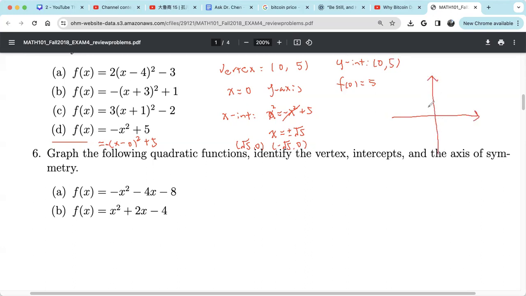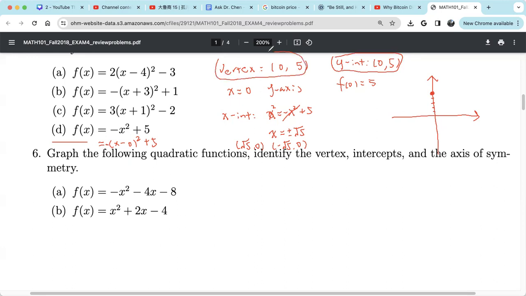So 0, comma 5, let's see, this is 1, 2, 3, 4, 5. So this is our vertex. Our vertex is on the y-axis. If the vertex is on the y-axis, it's the same as the y-intercept.